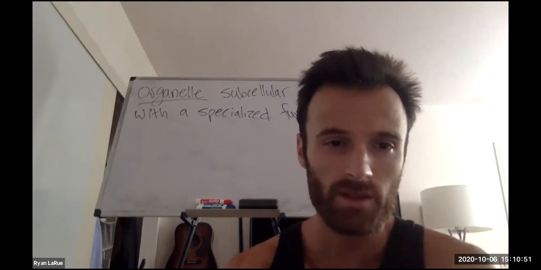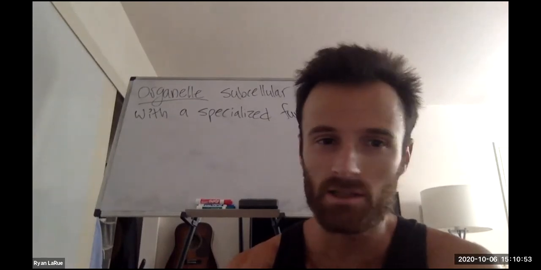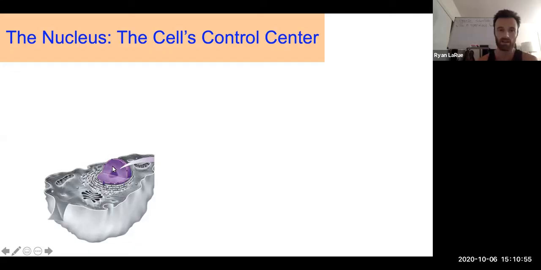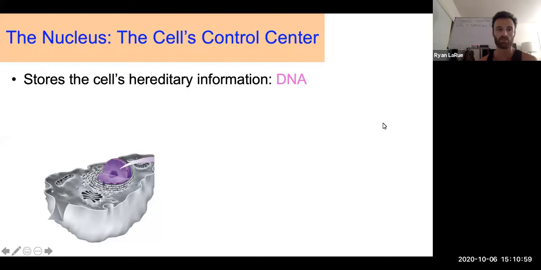So let's define it. The nucleus of a cell looks like that, and there's our cell. The main function of the nucleus is to store DNA, protect it, house it. We call it housing the genetic information of our cells.